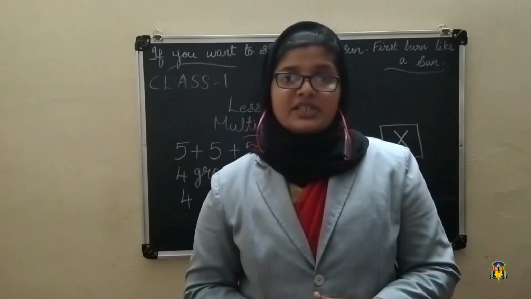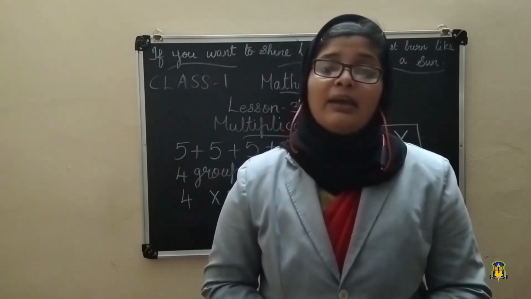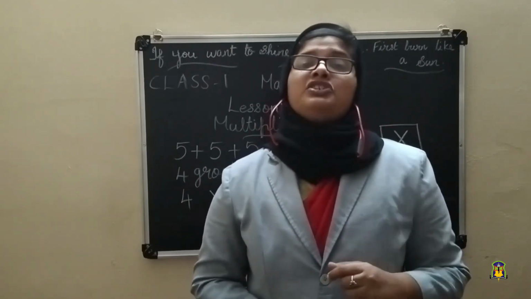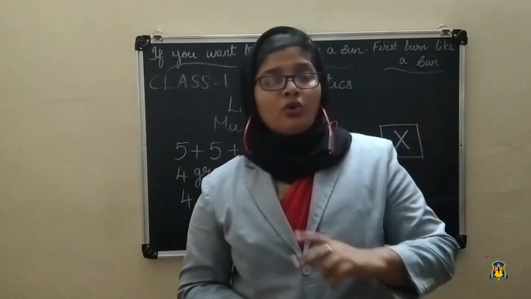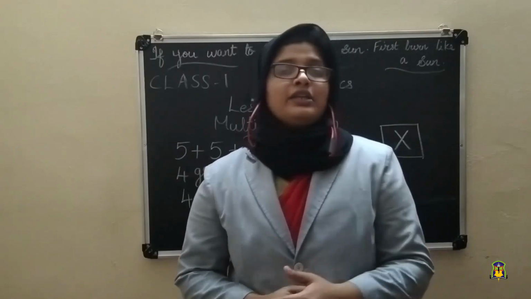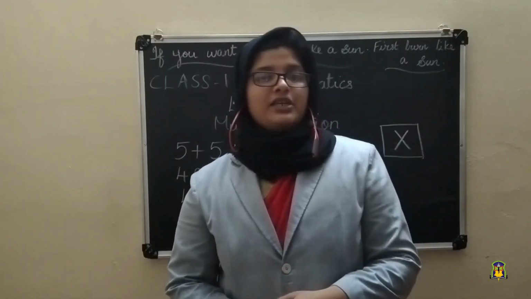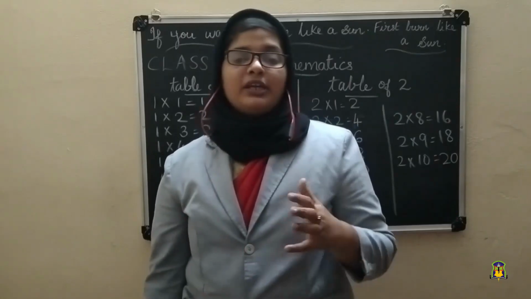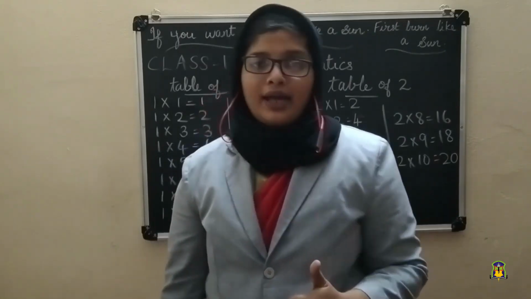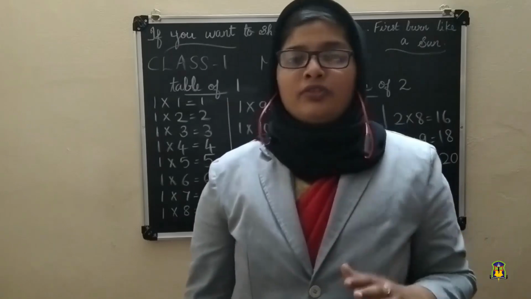In today's class, we are going to learn the multiplication table of 1 and the multiplication table of 2. All of you should ensure to learn them by heart. All of you listen here.